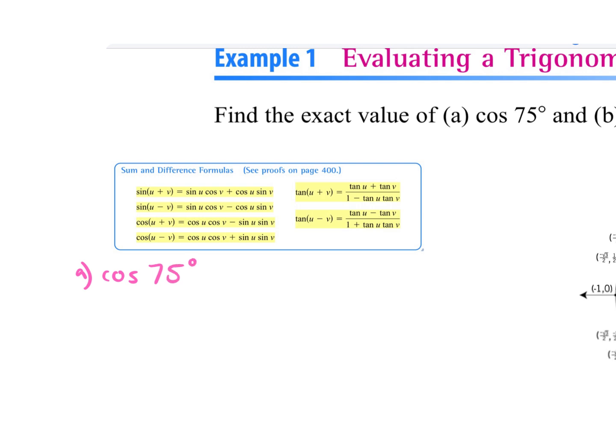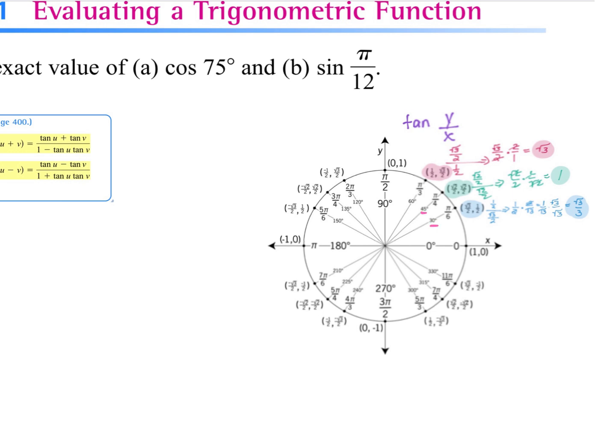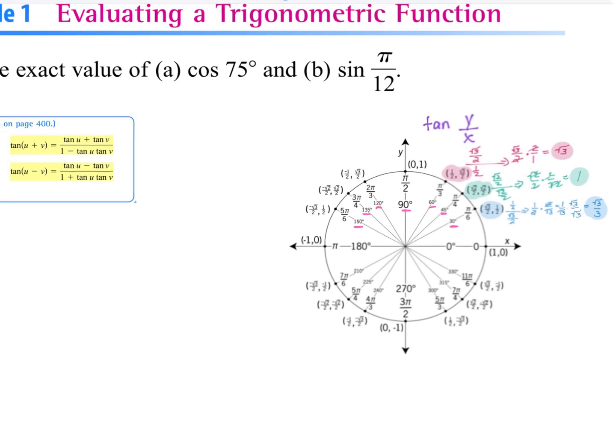Is 75 degrees on our unit circle? No, it's not. So we want to use our sum and difference formulas to come up with two angles that equate to 75 degrees that are on our unit circle. So looking at our unit circle, we've got angles like 30, 45, 60, 90, 120, 135, 150, and so on.